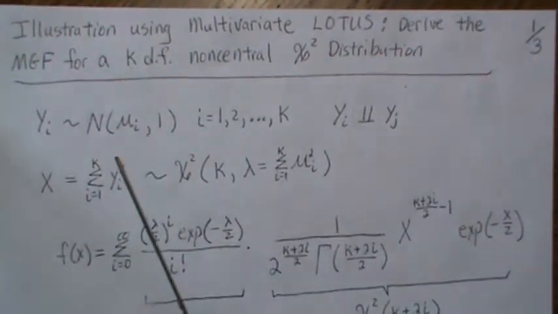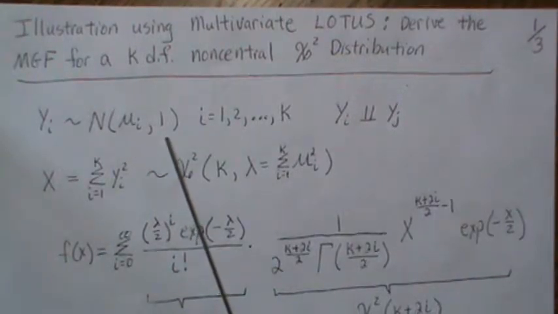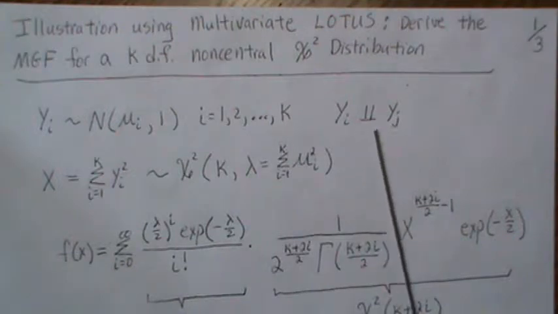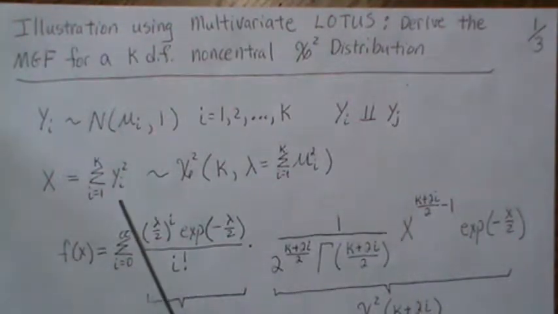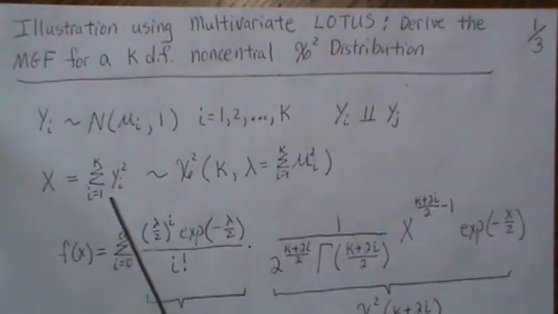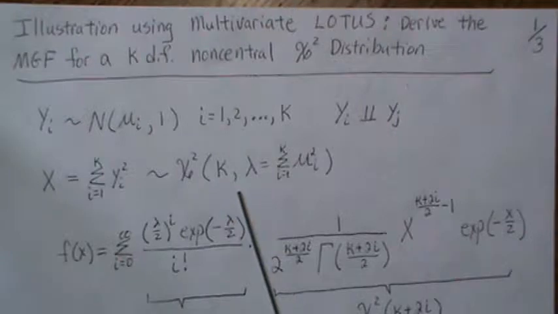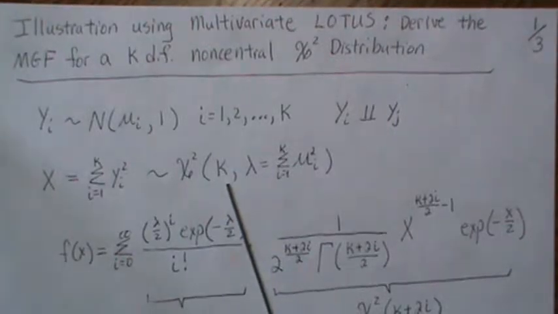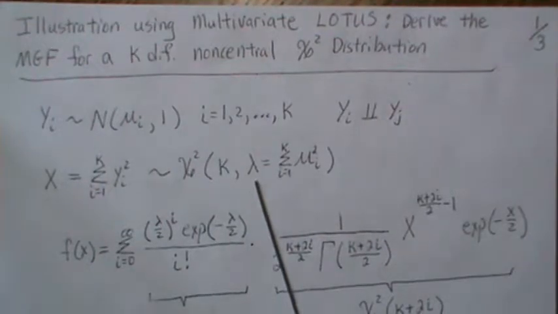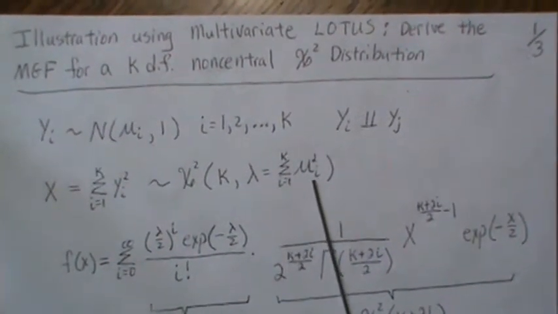If we let y_i be normal with mean mu_i and variance 1, for i from 1 to k, the y_i's are independent, and we let x equal the sum of these y_i squared, then x is a non-central chi-square distribution with k degrees of freedom and non-centrality parameter lambda, which is equal to the sum of these mu_i squared.